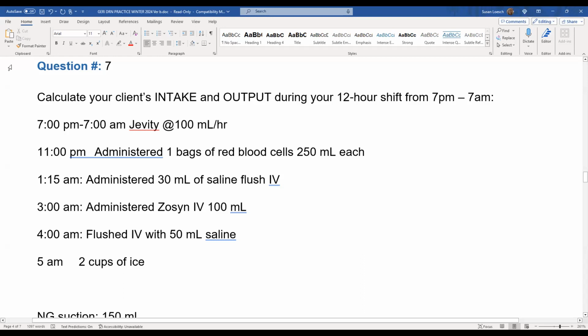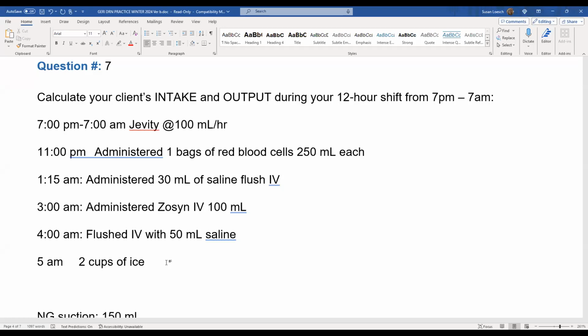Now, how much is this last one worth? How many mLs is that? 240. Anybody disagree with that? Who's confused? How much is 1 cup worth? 240 of water or ice?